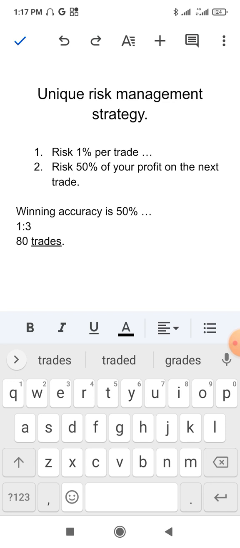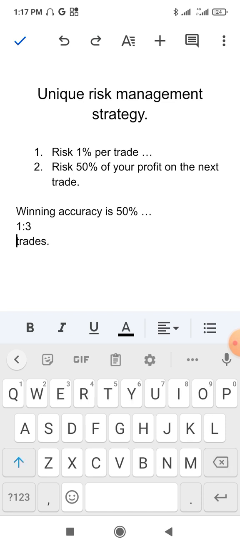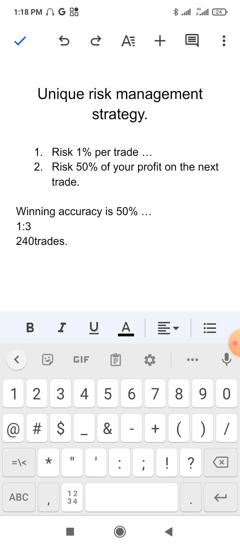It is 1 pair, but three trades. So that's 4 times 3, 12 trades per day, and 12 times 20 is 240 trades.